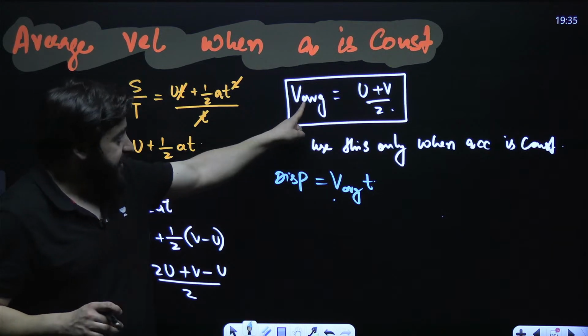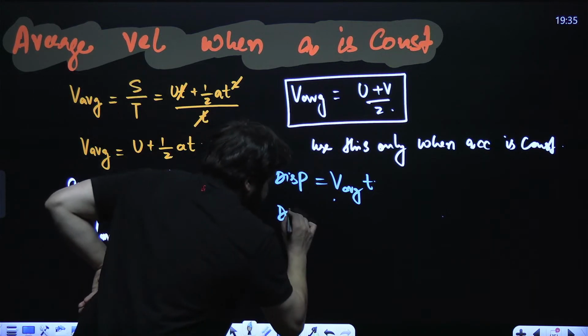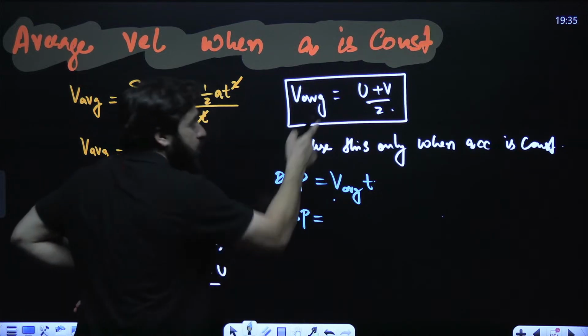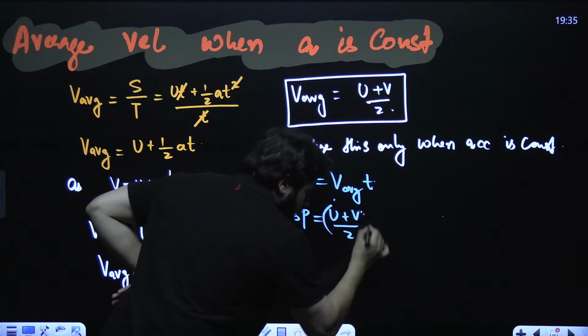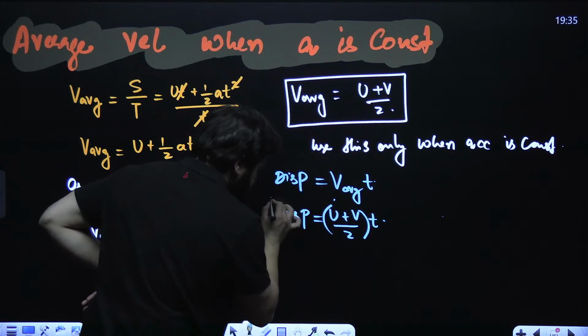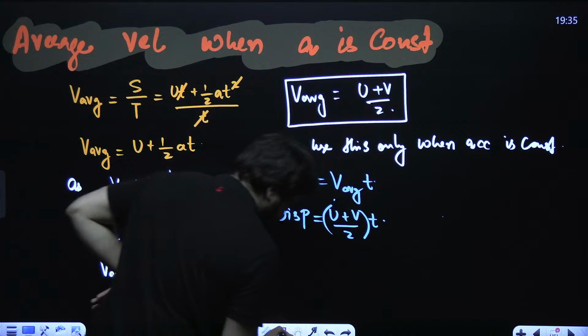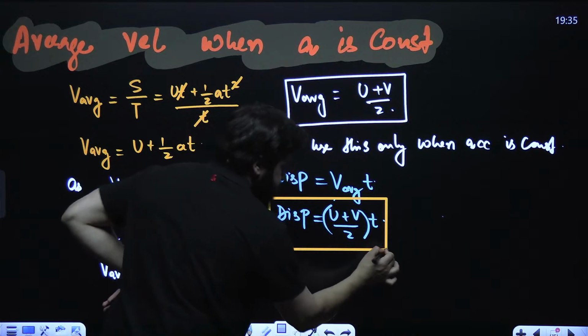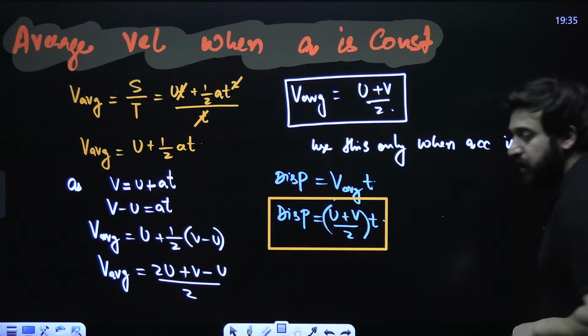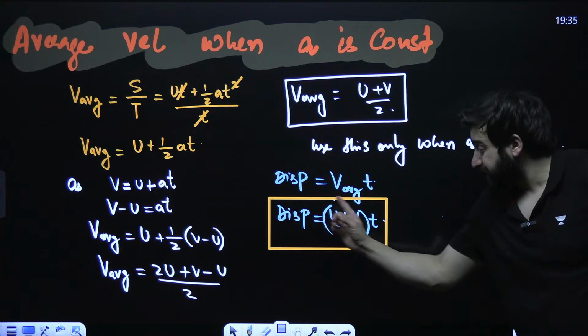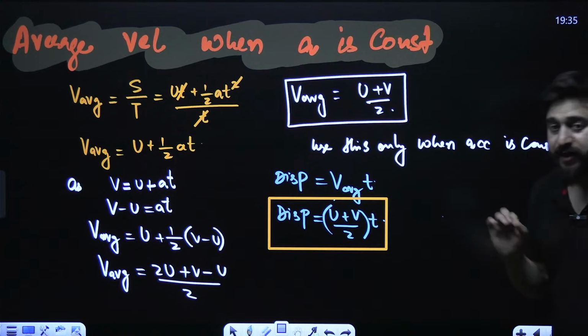Now, average velocity we know, so I can write displacement will be, instead of average velocity, u plus v divided by 2 into time t. Put this also in a box. So this is the displacement: u plus v divided by 2 into t, that is time.